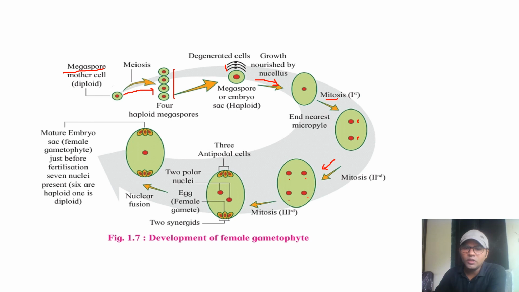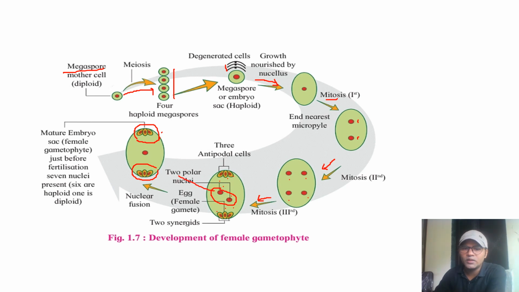Now the third mitotic division will lead into the formation of 8 nuclei. 1, 2, 3, 4, 5, 6, 7 and 8. Out of 8, 3 will go towards the chalazal end. 3 will go towards the micropylar end.